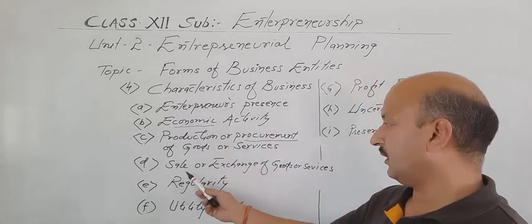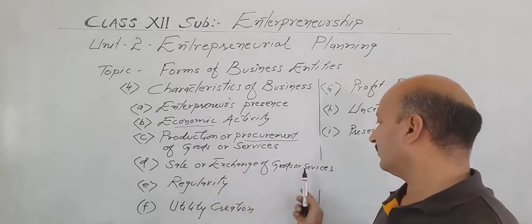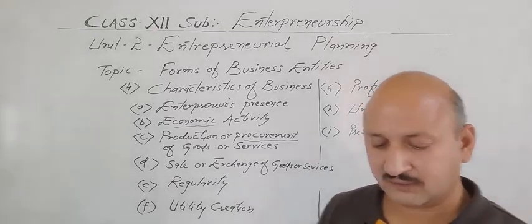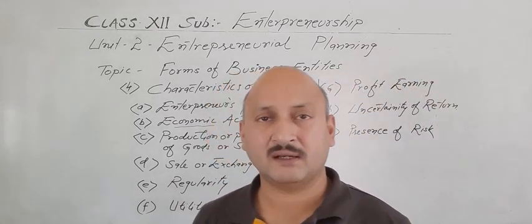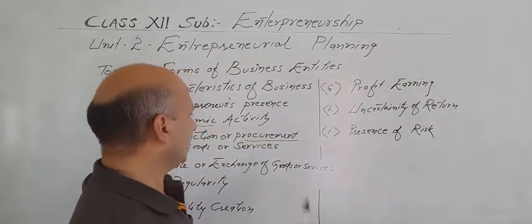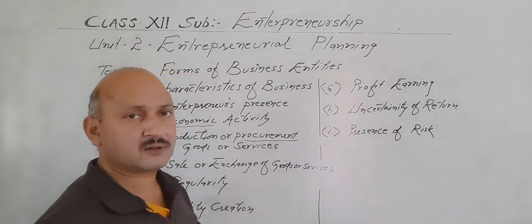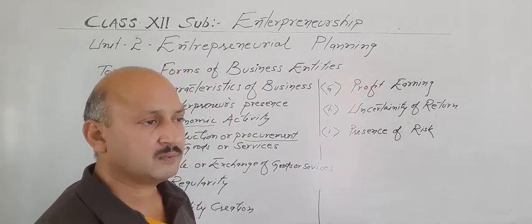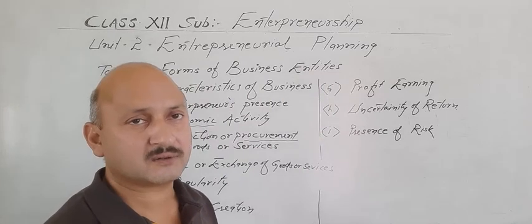Next point is sale or exchange of goods or services. Sale or exchange means there must be a sale. If we are producing goods, then it alone does not characterize us as a business. It may be possible that we are donating the goods.